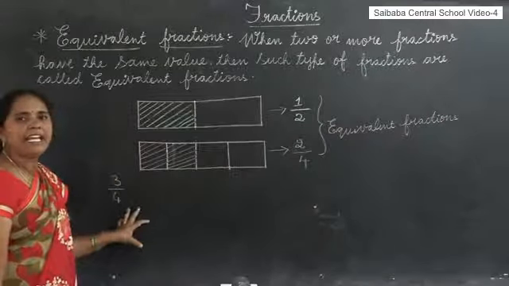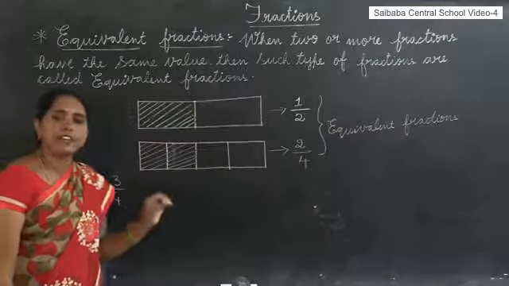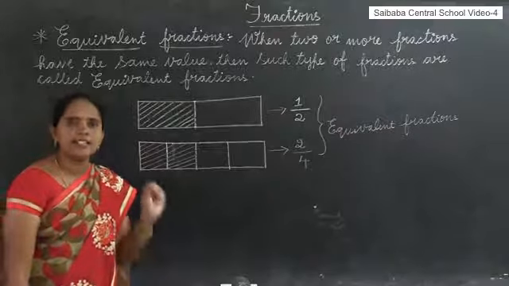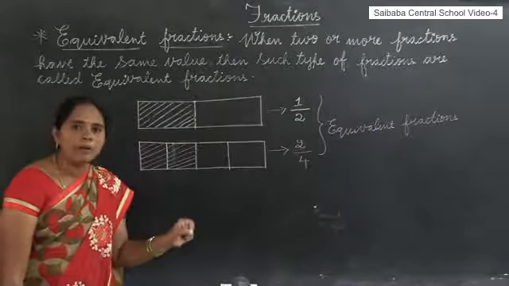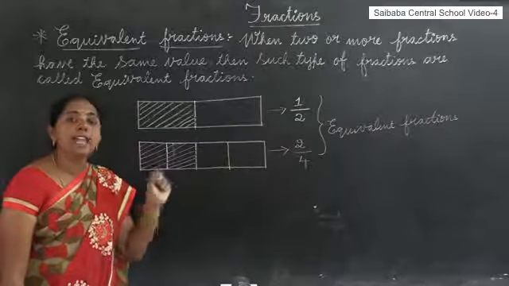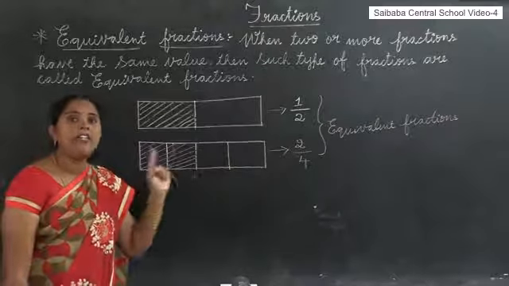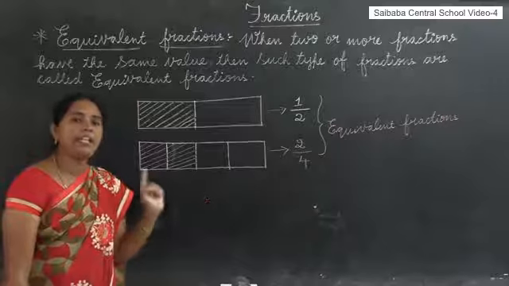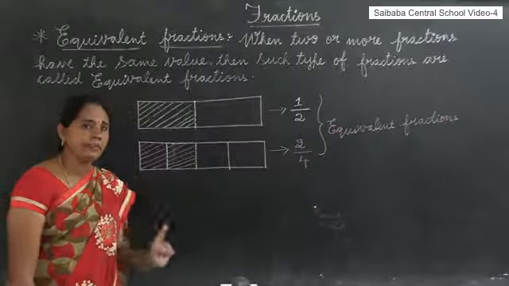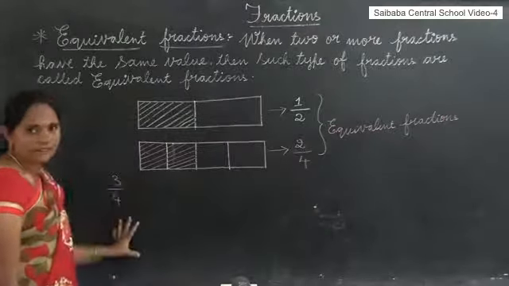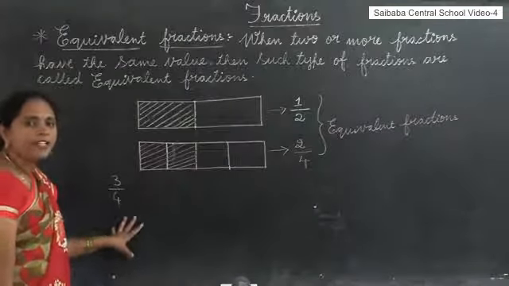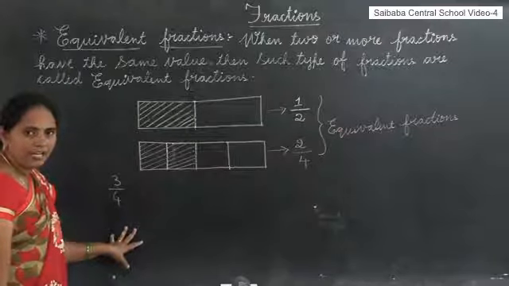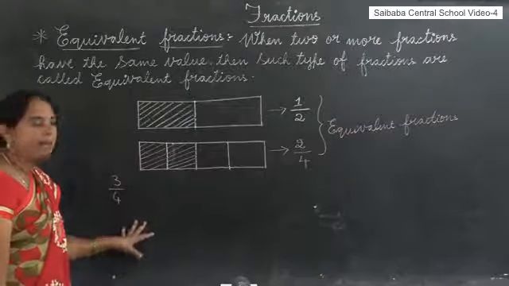To write equivalent fractions of a given fraction, just multiply the numerator and denominator by the same number.